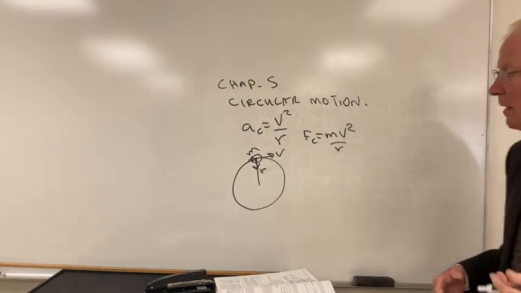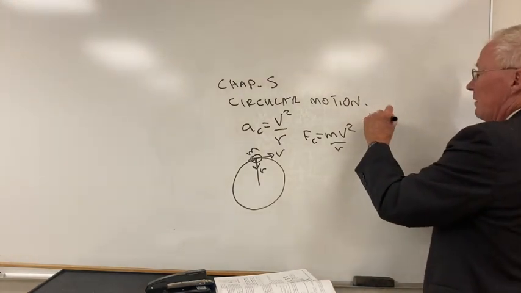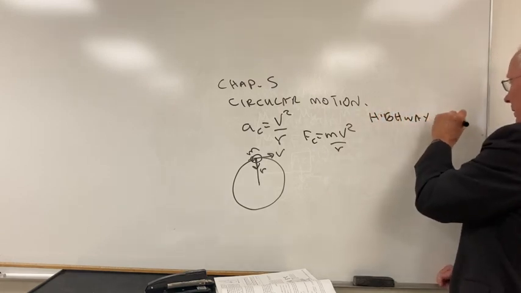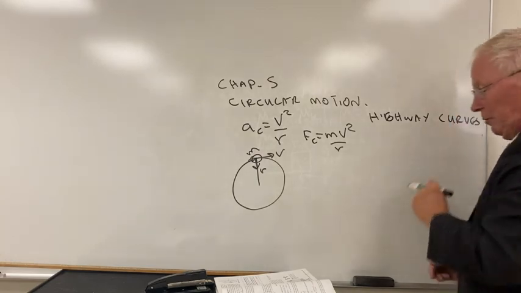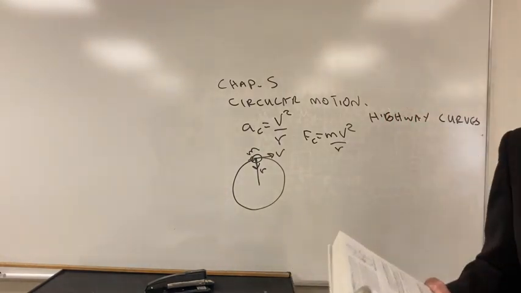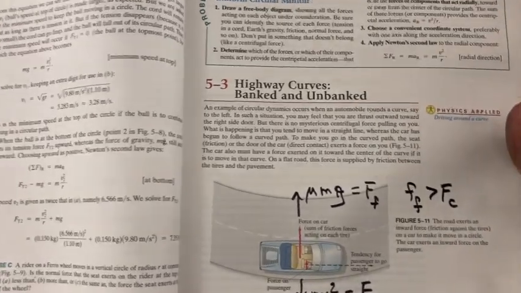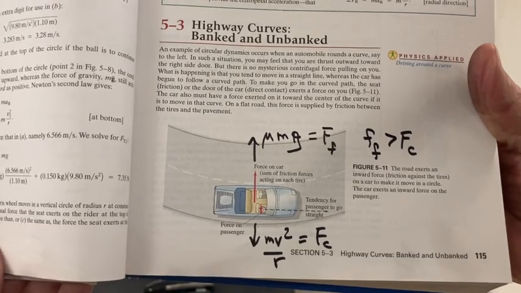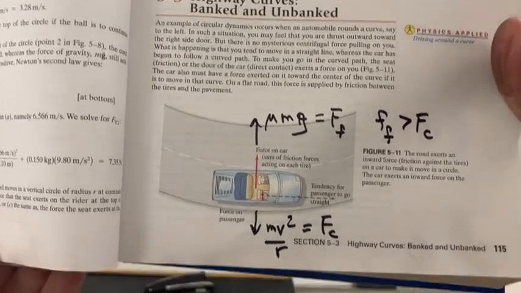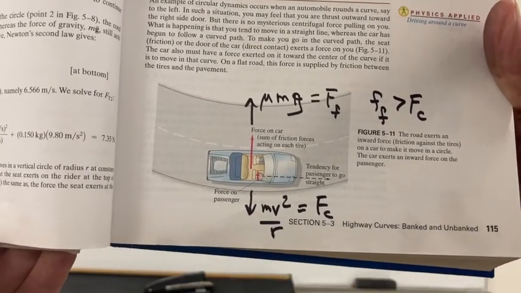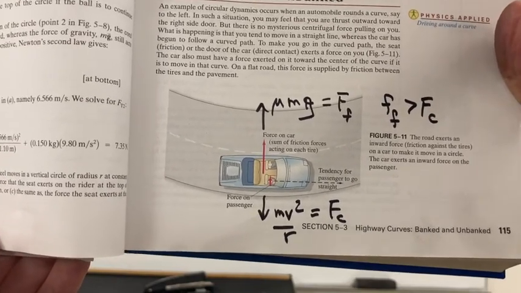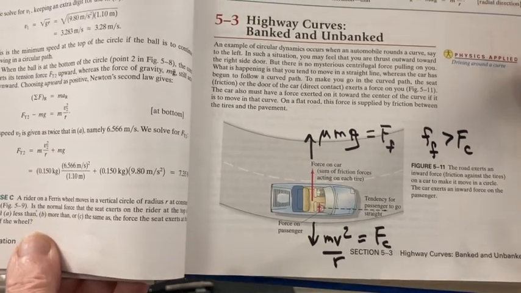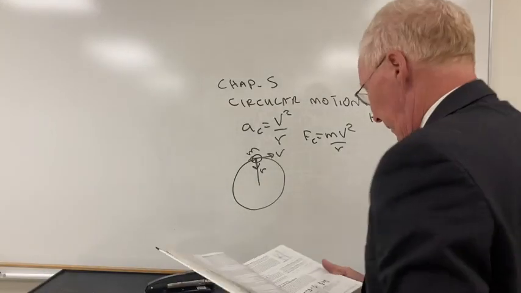Now we talked about curves, highway curves a bit, and I'll just show the picture again. If you have a car trying to drive in a circle, the frictional force is given by mu mg. The centripetal force is given by mv squared over r. As you see, the mass has nothing to do with whether it can make it or not.